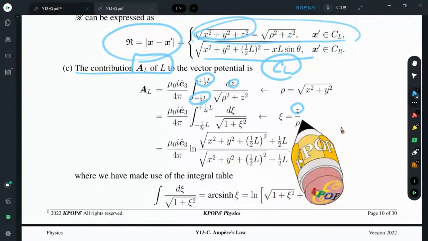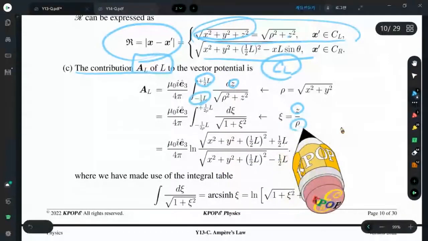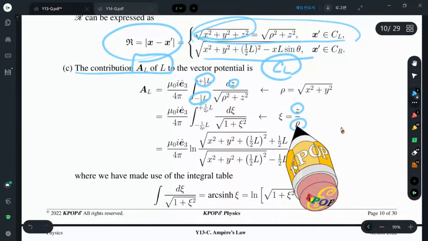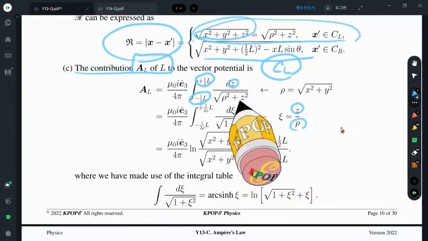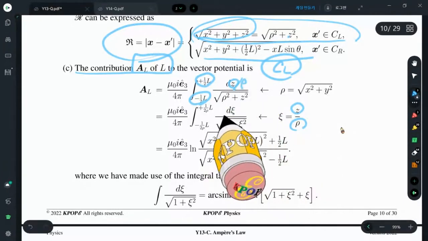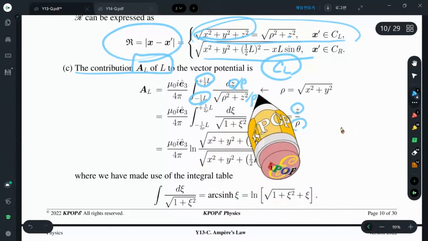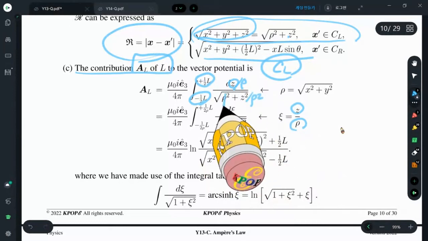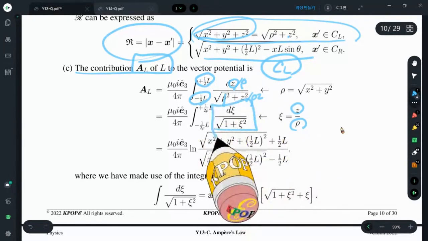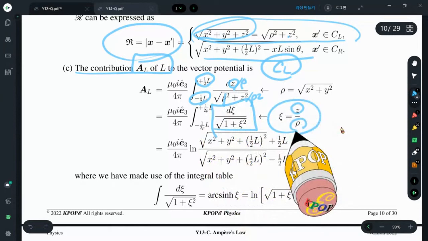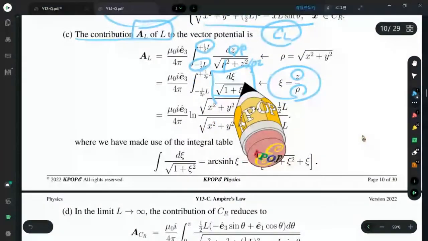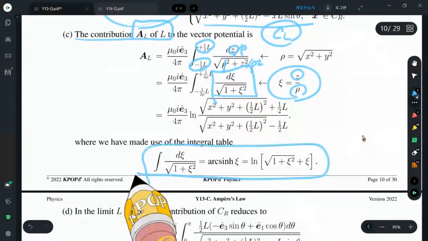So Z is rescaled with rho, and rho cancels. It is divided by rho squared, so it becomes 1. So C is Z over rho. This integral, we are familiar with.